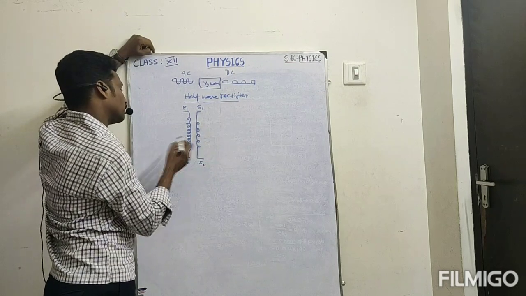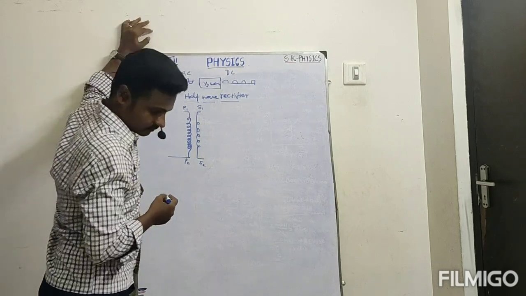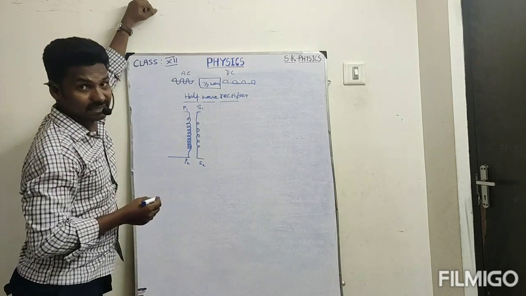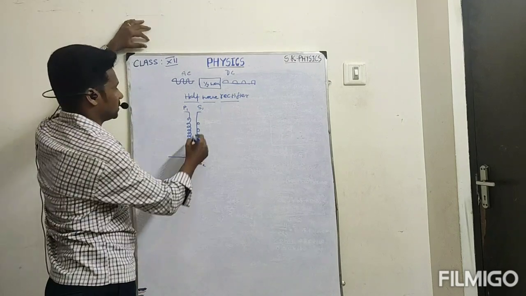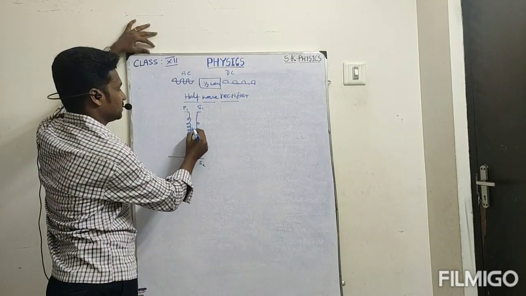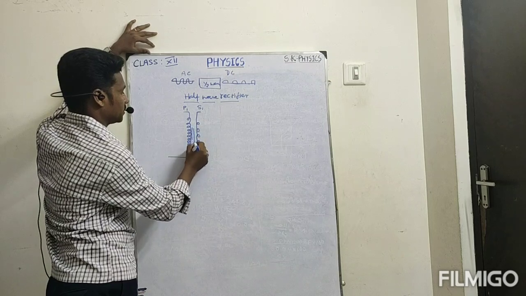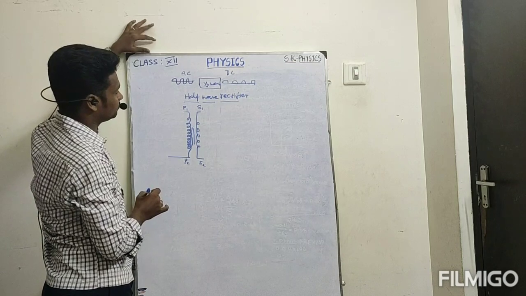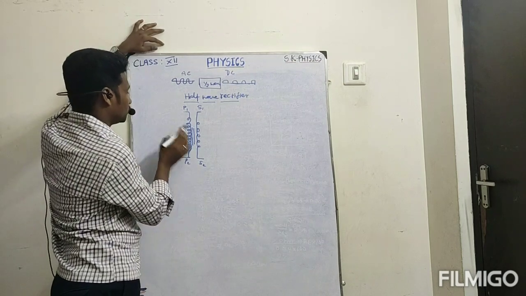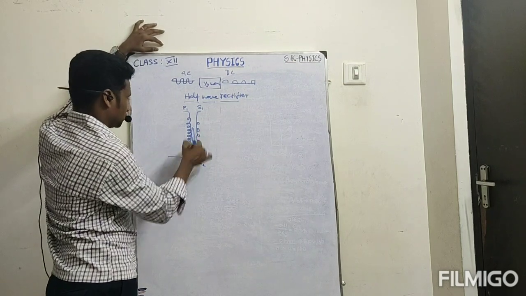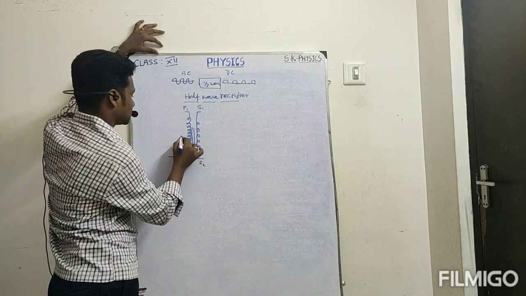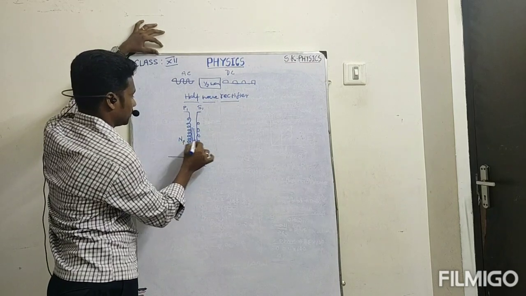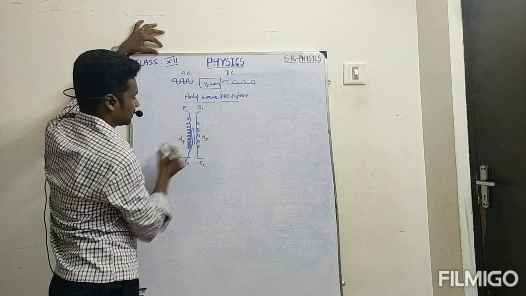Here we know very well that a transformer works on electromagnetic induction. The mutual inductance is represented by this line. Then this is the number of turns in the primary, and here the number of turns in the secondary.